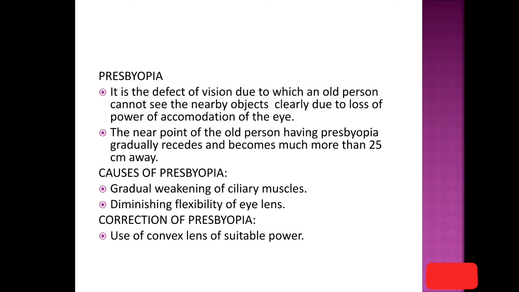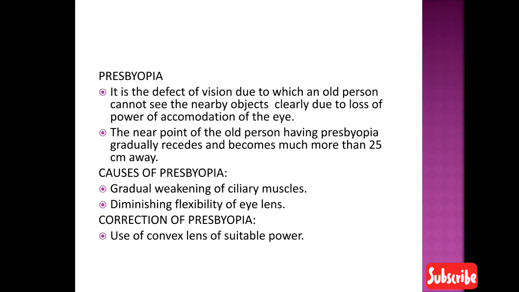Then the next defect is presbyopia. This is the defect which is caused in old persons. In this defect, they cannot see nearby objects clearly, and this is caused due to the loss of the power of accommodation of the eye. As we know, the range of the power of accommodation is from 25 centimeters to infinity.